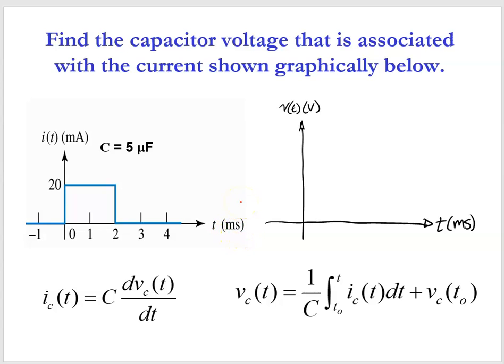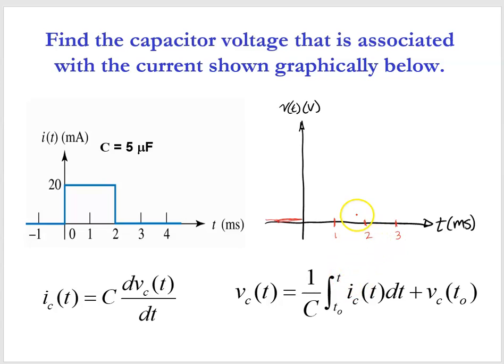So at t less than 0, if the current's equal to 0, then our voltage is going to be equal to 0. If we look at, we'll do a 1 here, and a 2 here, and a 3 here.